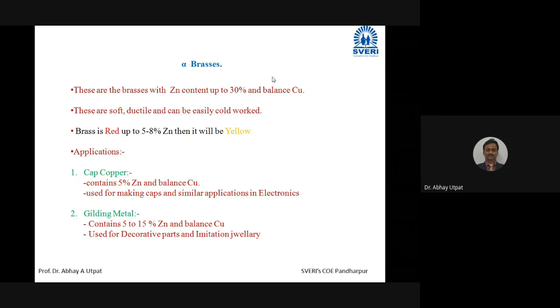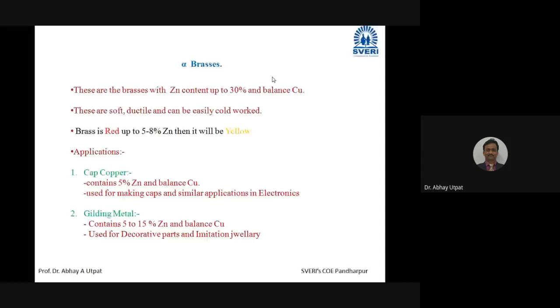So you may feel that it is made up of gold, but actually it is gilding metal. That's why decorative parts are made up of this gilding metal. You might have seen many such parts where you feel that it may be gold, but it is actually not gold.